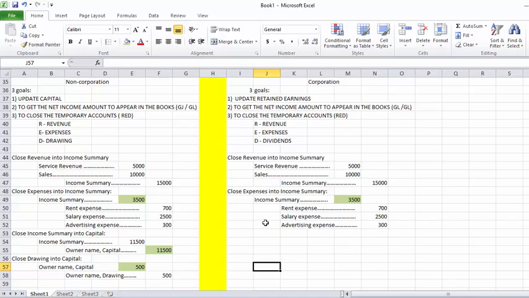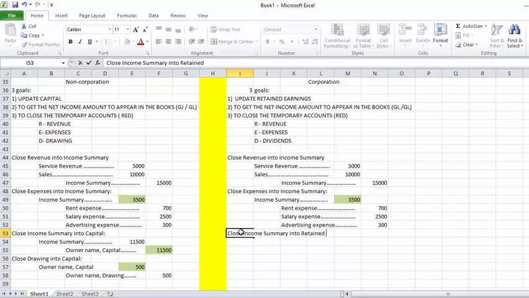In a corporation setting, again, notice the first two closing entries are identical, but the difference is we're now going to close our income summary into retained earnings. Remember earlier I said retained earnings is going to take over for the job capital used to do in a non-corporation setting.